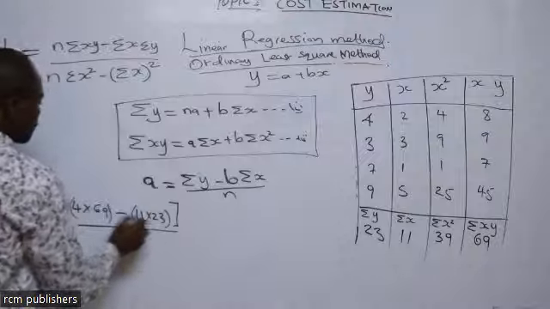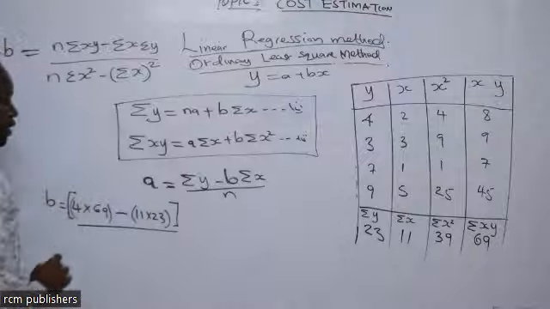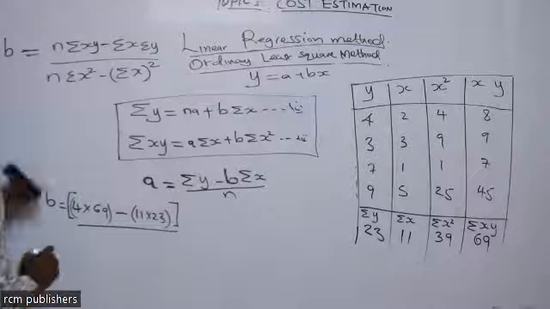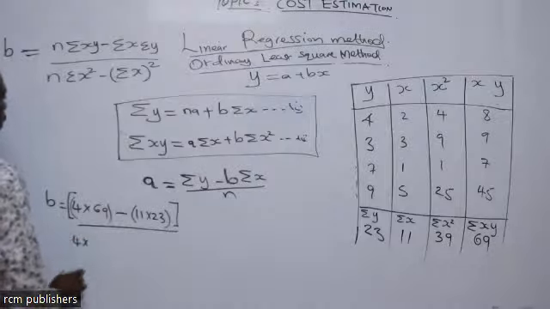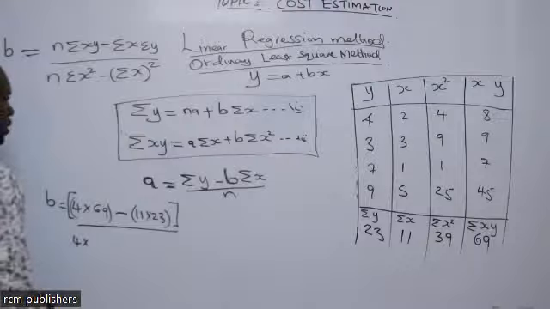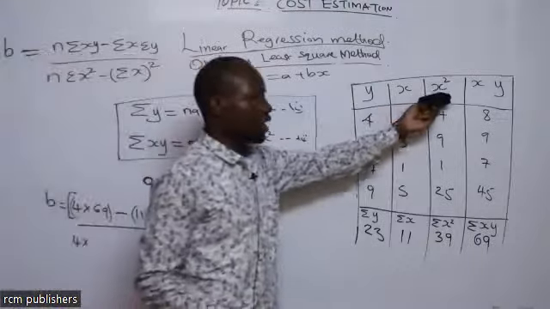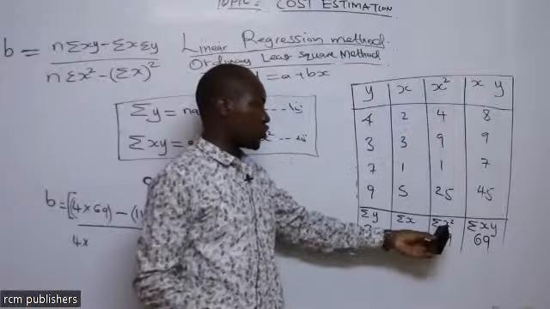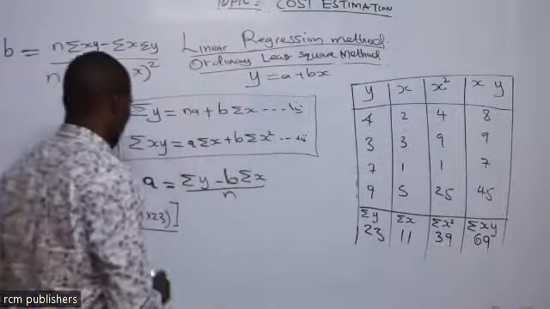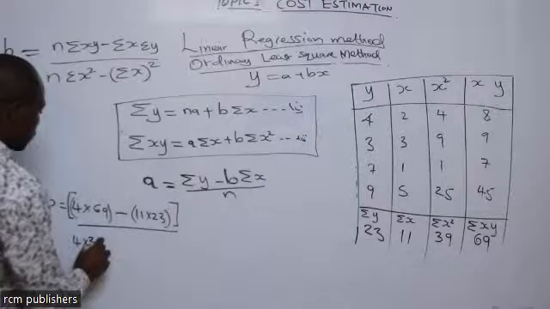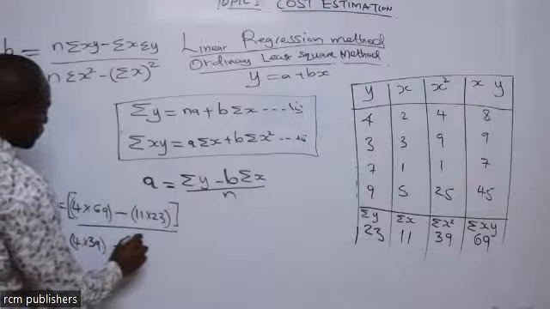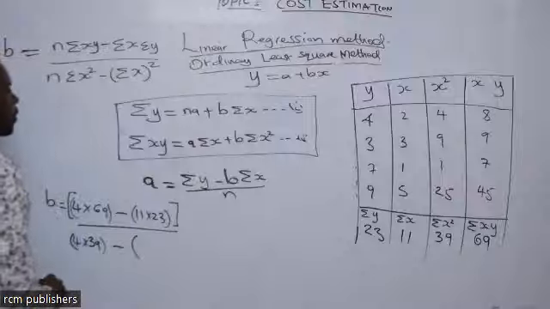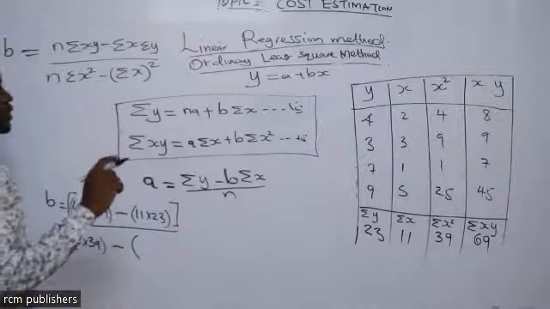What we get up there, we divide by. So the whole of that will be divided by n, which is 4, multiplied by summation of x squared. We now come to this column of x squared. The total is 39. We multiply by 4. Then minus summation of x, squared.